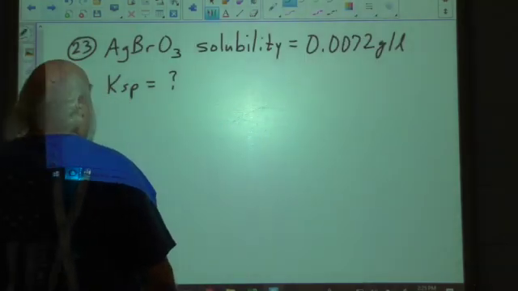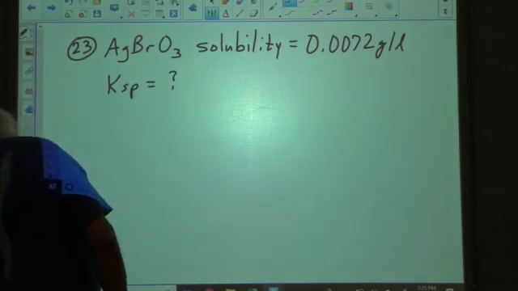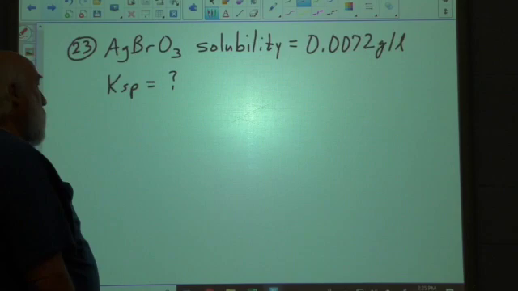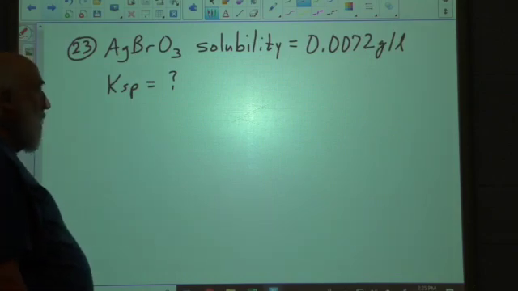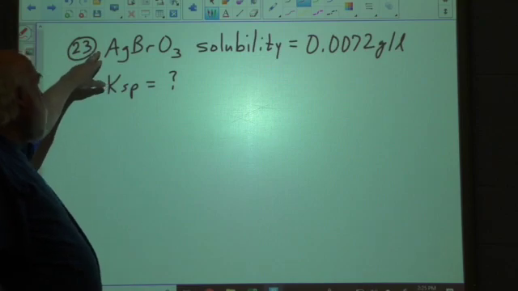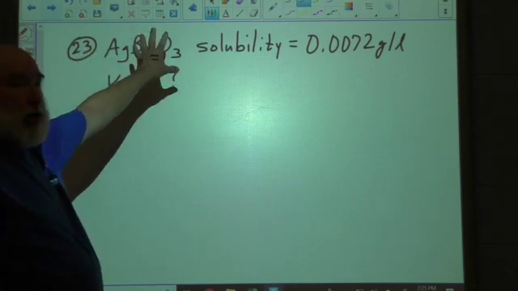Number 23. We were given here a solubility of 0.0072 grams per liter, and it wants to know what the Ksp is for this. Well, let's do the dissolving reaction for AgBrO3.